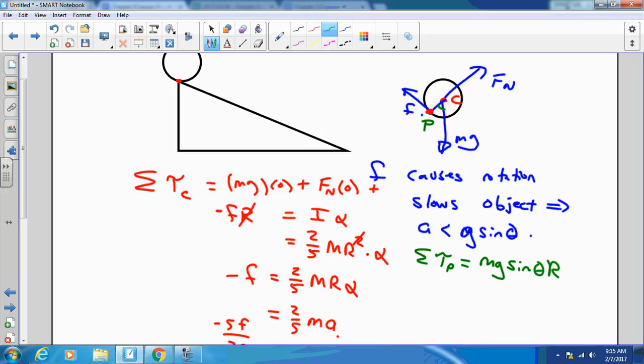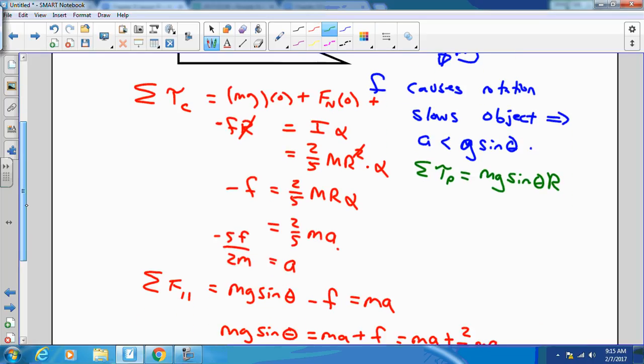And that's it. And the reason that it is sine of theta is that this angle right here is going to be theta, so that we have a simple torque calculation right there.